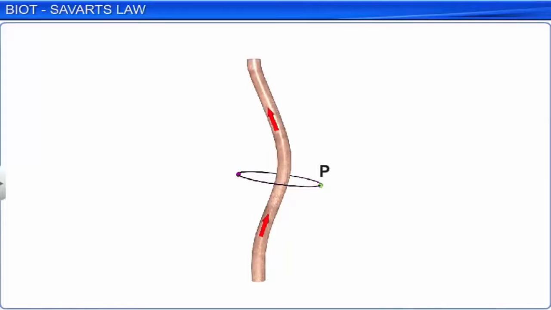let us assume the conductor is divided into a number of infinitesimally small elements, each of length dl. First, let us calculate the magnetic induction dB at point P due to one such element of the current-carrying conductor.